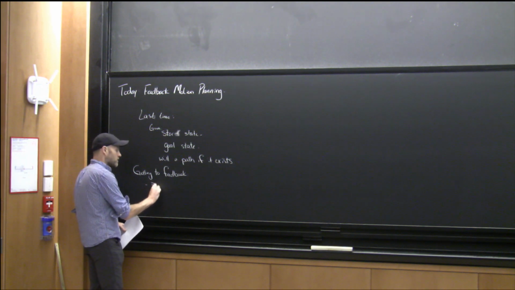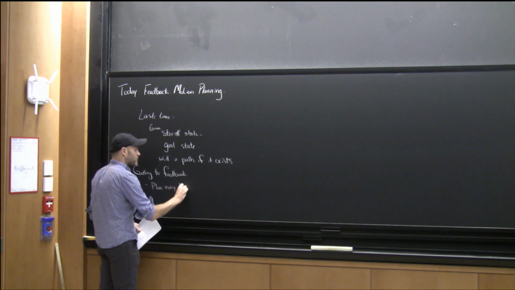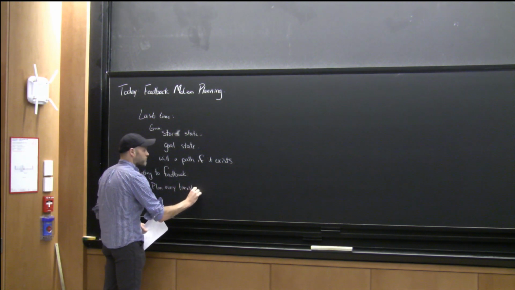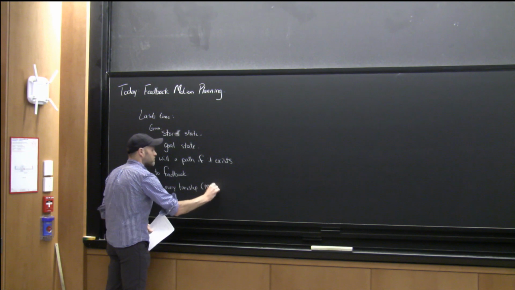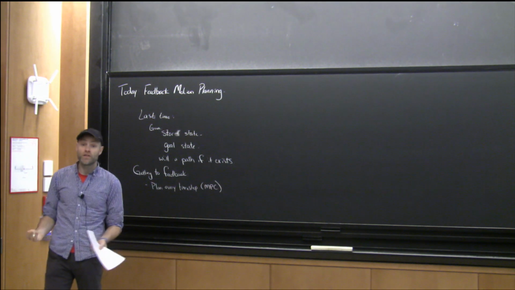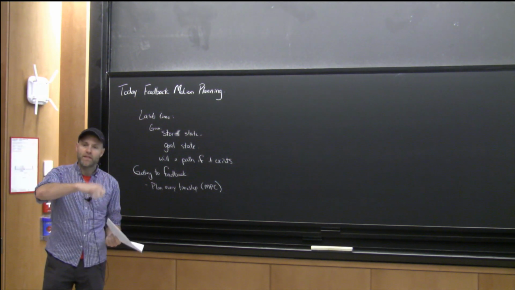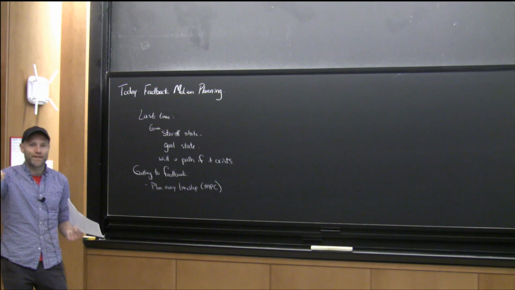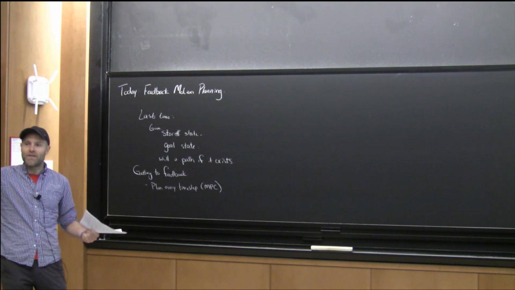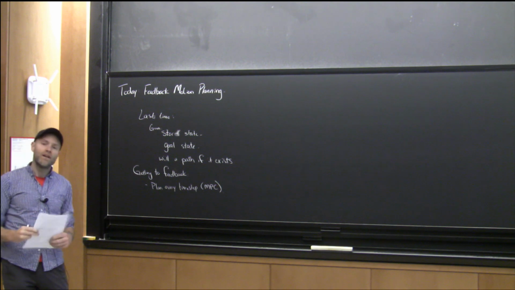So plan every time step, which we'd call model predictive control. You can certainly do that. Now, if you're doing that with a completely random method, you'd probably like to do something to ensure that you're not doing completely different things on every time step, to regularize that out, and that's always true.